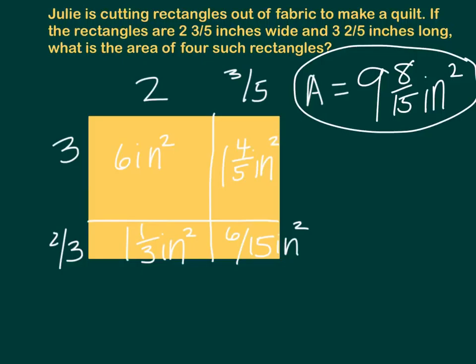Now we need to find the area of 4 of these quilt patches. So that means we're going to be multiplying the area, which is 9 8/15 inches squared, times 4. And there's a lot of different ways that you can do this.